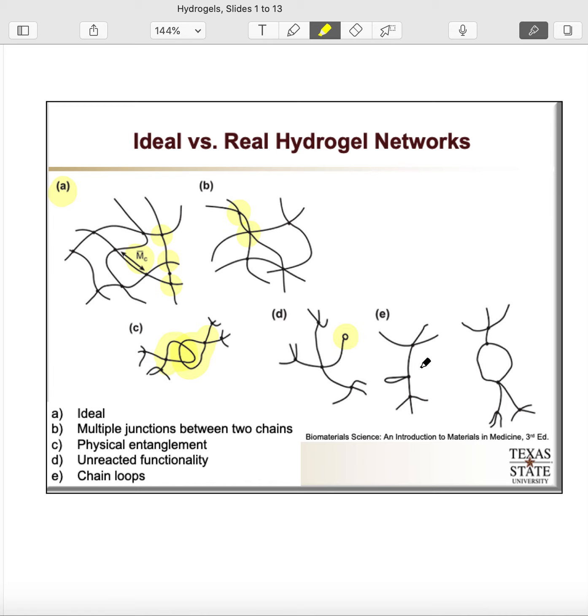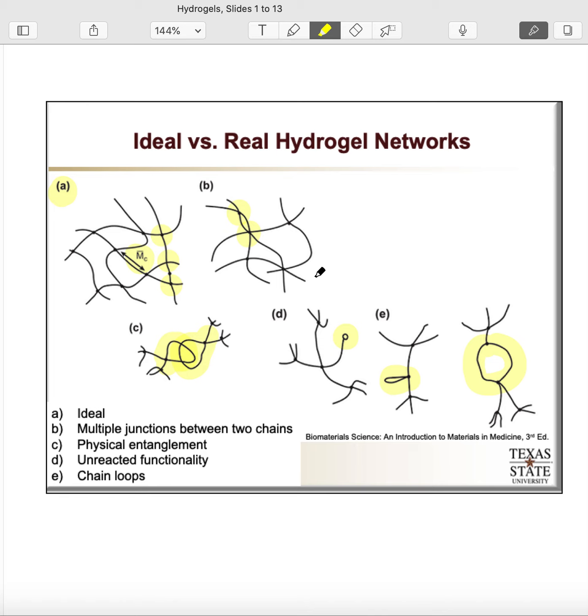On E, we can also see chain loops, where a chain might end up looping, forming interesting architectures. So again, most of the time you would end up with a very inhomogeneous system because you don't have control at the molecular level.